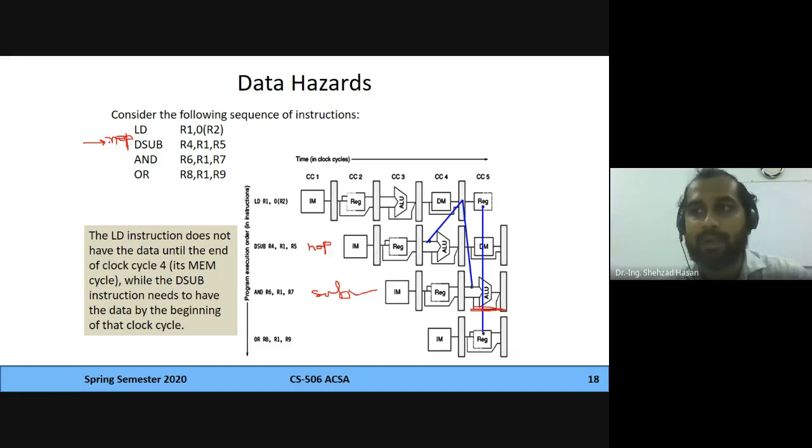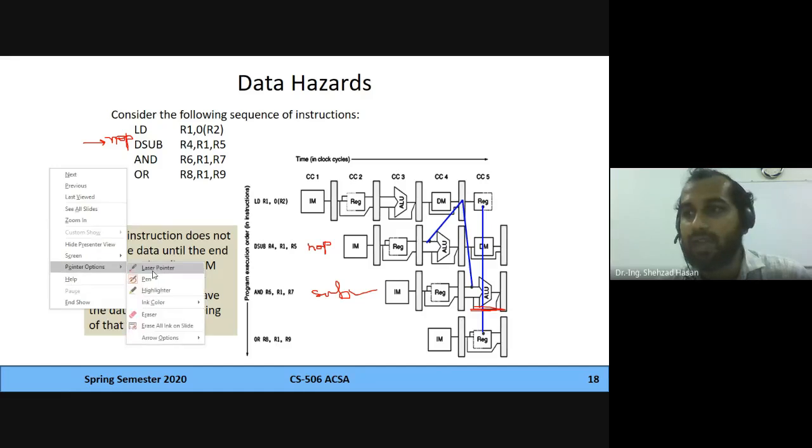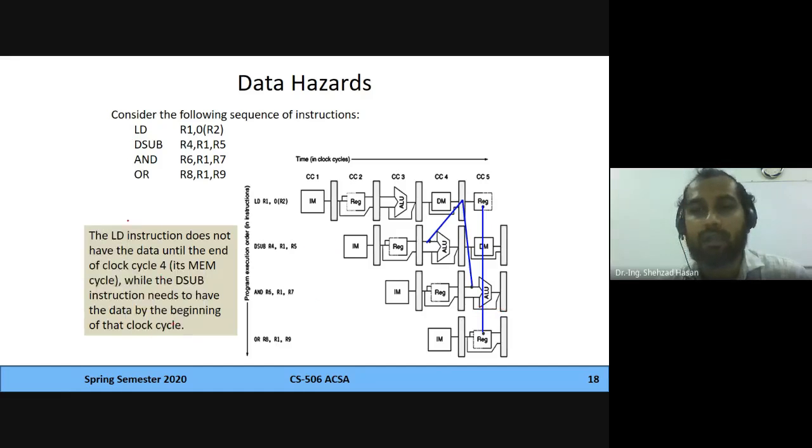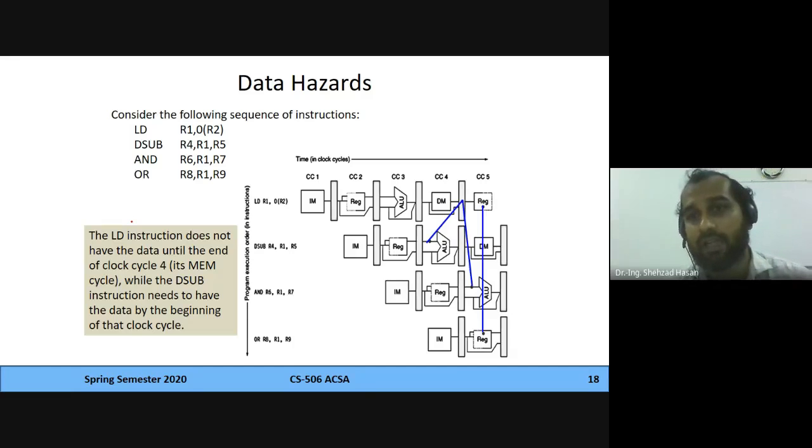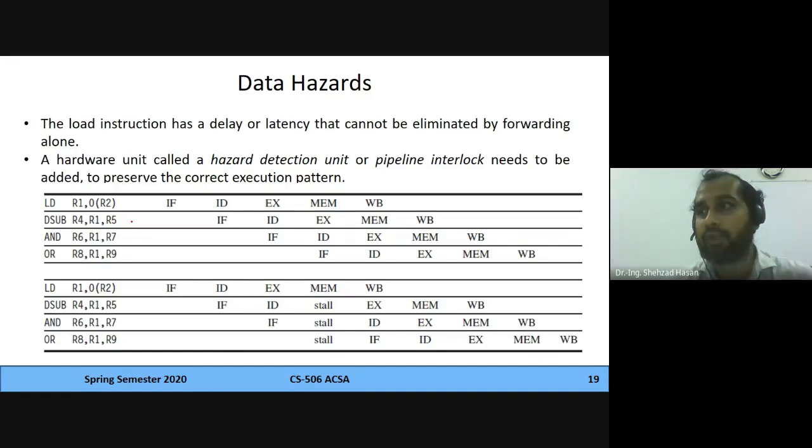The compiler has automatically inserted one instruction in between. But this can also happen using a hardware unit which decides at runtime when to insert a stall, when not to, and how to insert it. We are going to talk about that.